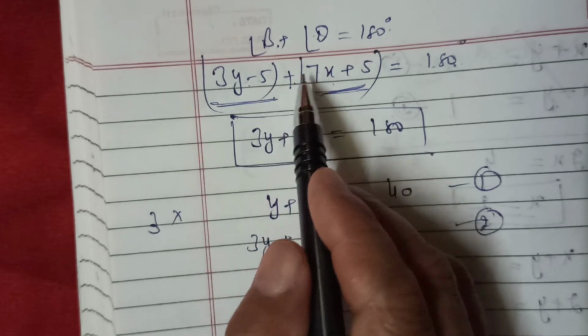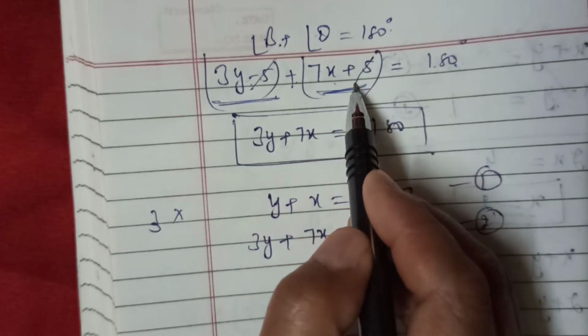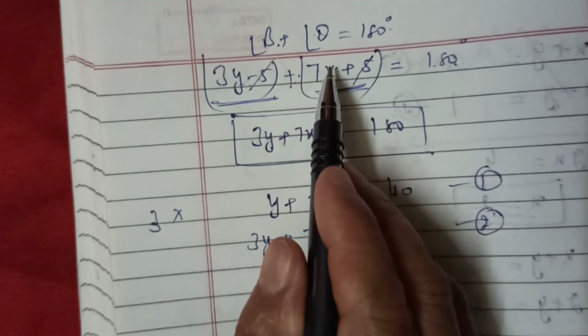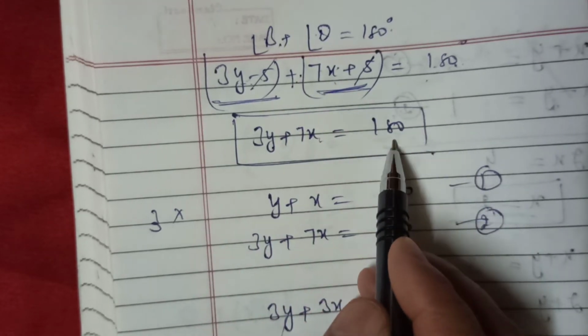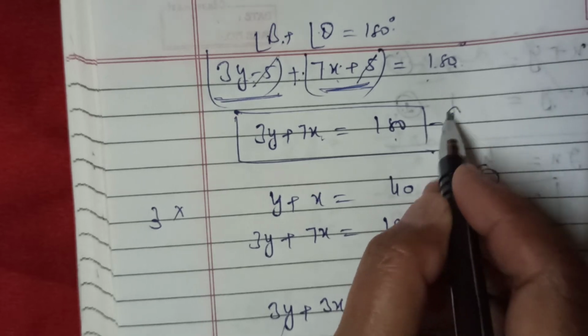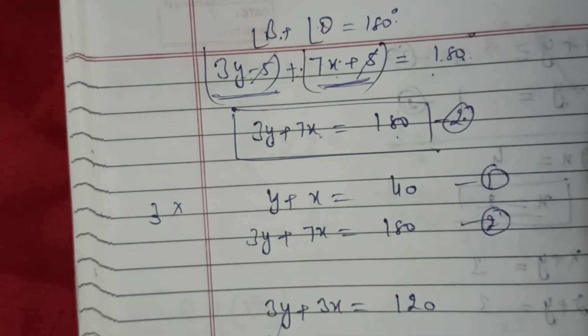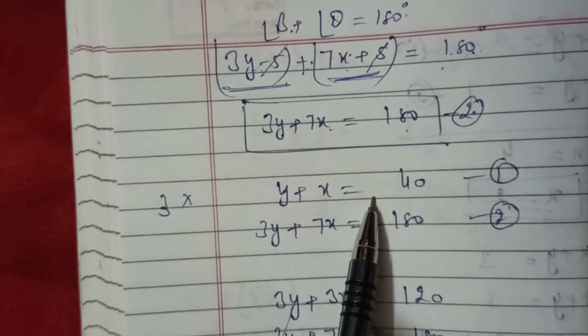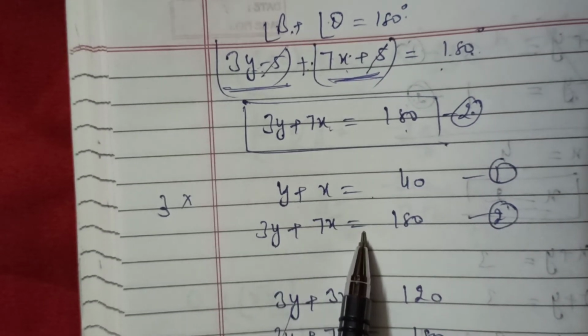Open it, and when you open it, this minus 5 and this plus 5 will cut. What will be left? 3y plus 7x is equal to 180. This is your second equation. Clear? Now, this is your first equation, this is your second equation.